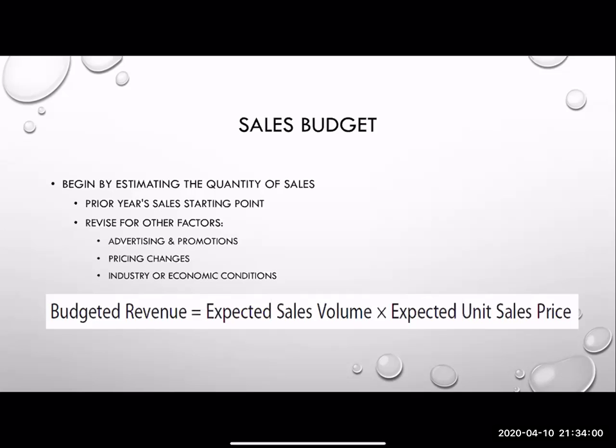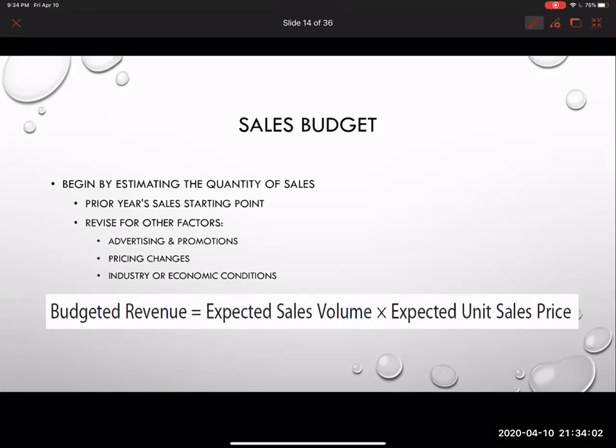So maybe an organization will say, hey, our sales was $1.2 million last year. And so going into next year, we want to grow by, say, 20%. Right? So then that's how they'll formulate it. Or maybe they'll say, based on what we know about the market and the need for our product, or the technology that we have that's up and coming, maybe we expect our sales to increase by 40%.